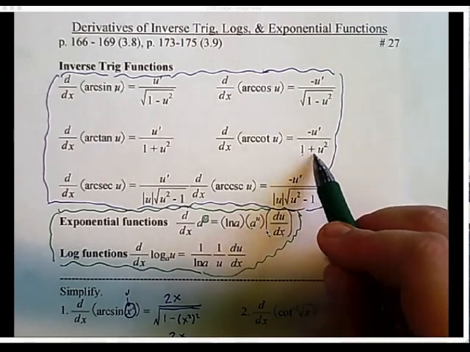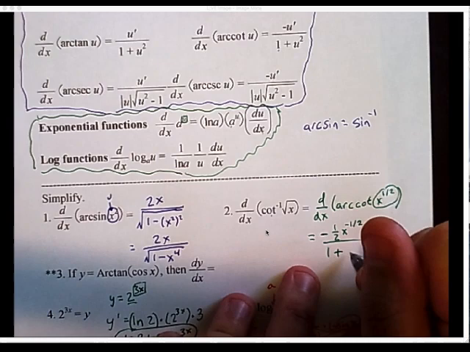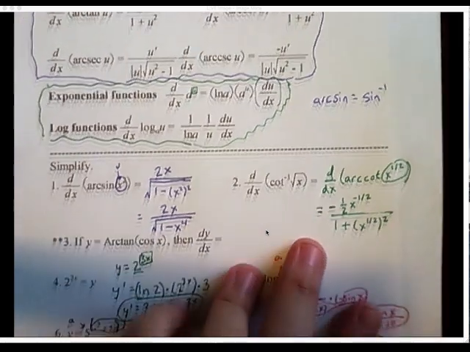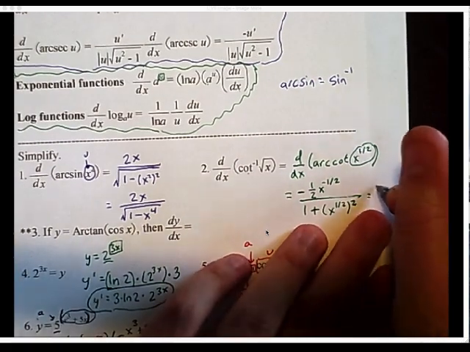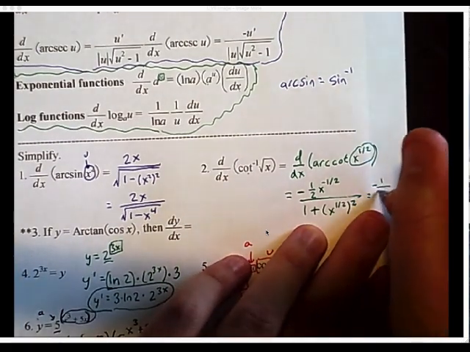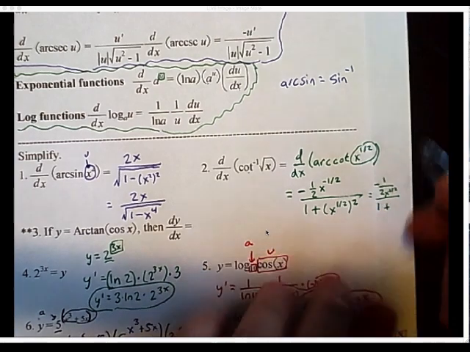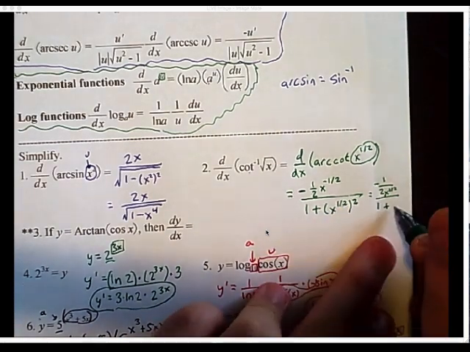It says 1 plus u squared. So 1 plus u, which is x to the 1/2, squared. Right. So this is like saying negative 1 over 2x to the 1/2 power divided by 1 plus, you take a power to a power, you multiply. So x to the 1/2 times 2 is just x to the 1st.